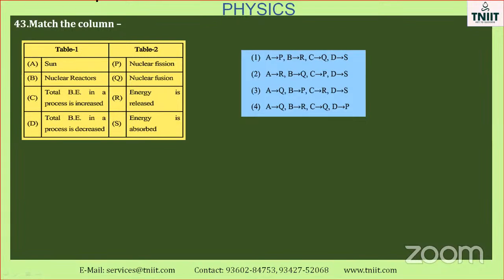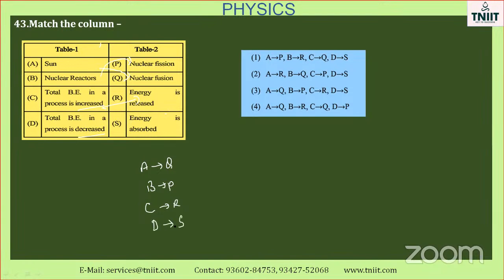So sun is going to be involved in nuclear fusion. You know that proton-proton cycle. So A is related to Q. Nuclear reactors are related to fission. Binding energy is increased means the energy is released. So C is related to R. Binding energy decreased means energy is absorbed. So D is related to S.